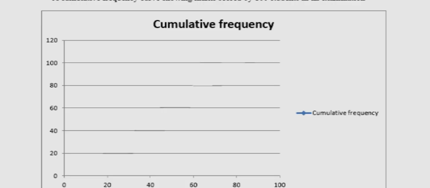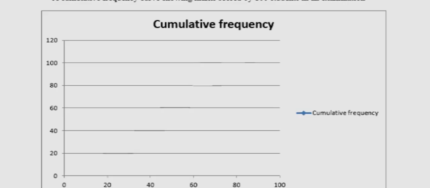So here you plot the points. For instance, if I want to plot a point such as 9.5 against 6, which is the cumulative frequency, what I need to do is to find their point of intersection on the graph and then indicate the point there.